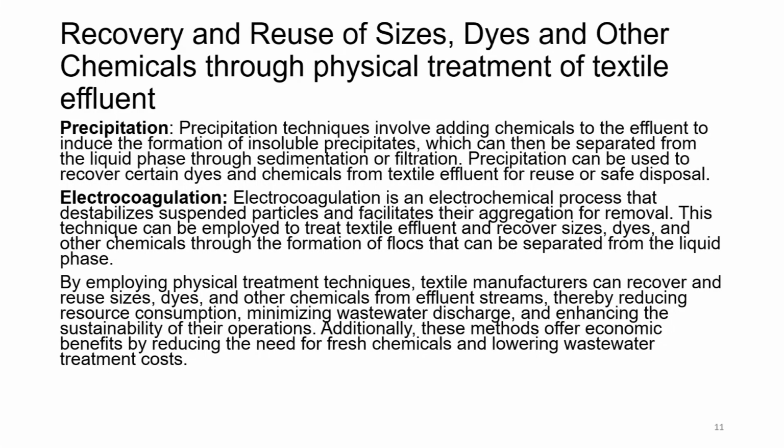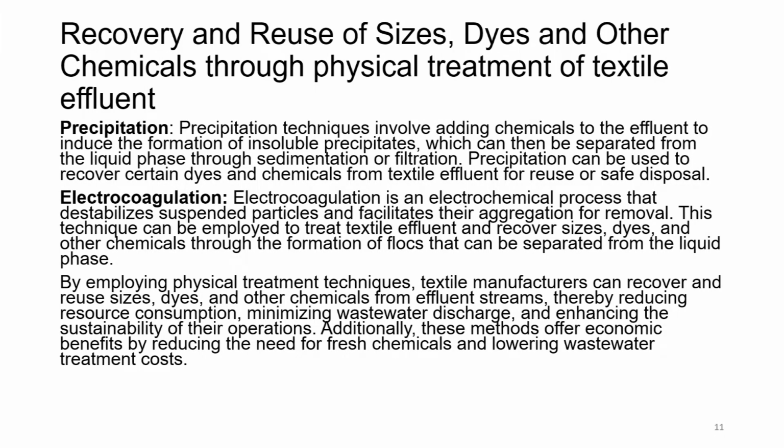Precipitation can be used to recover certain dyes and chemicals from textile effluent for reuse or safe disposal. So, precipitation of course is a very good technique, and we understand that the material comes out as a solid, but it should be insoluble so that it can actually settle down.